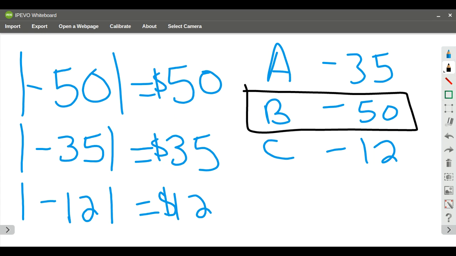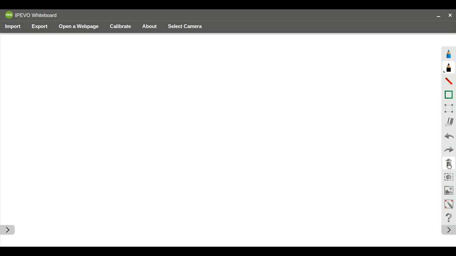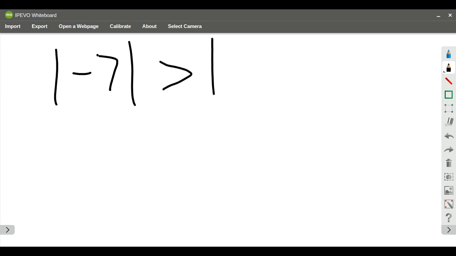Number 1 says explain why negative 7 has a greater absolute value than the absolute value of 6. What they're wanting to know on this one is why my absolute value of negative 7 is greater than my absolute value of 6. And the reason being, if I find the absolute value of negative 7, that's going to be 7, which is greater than 6.